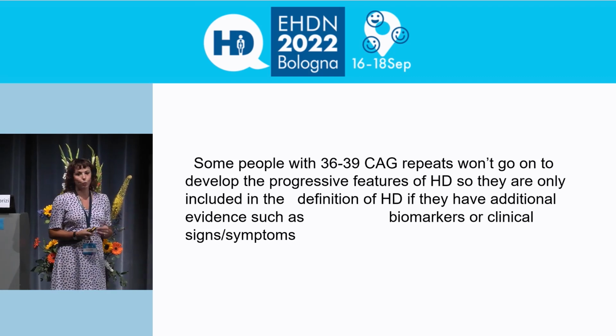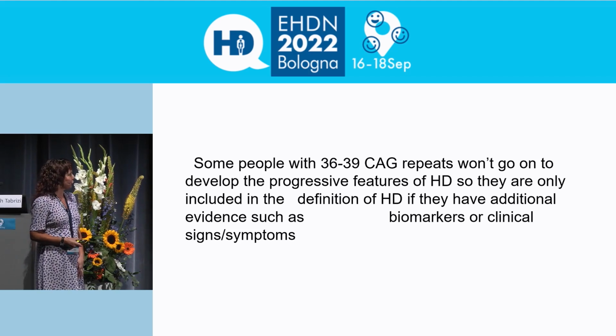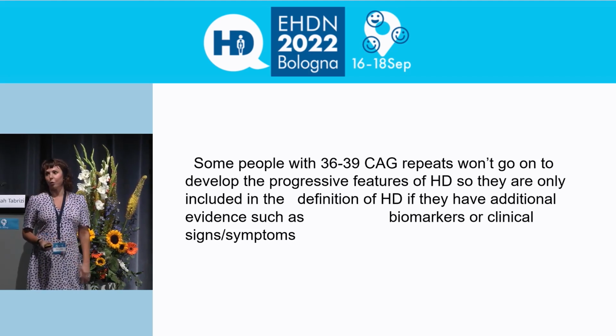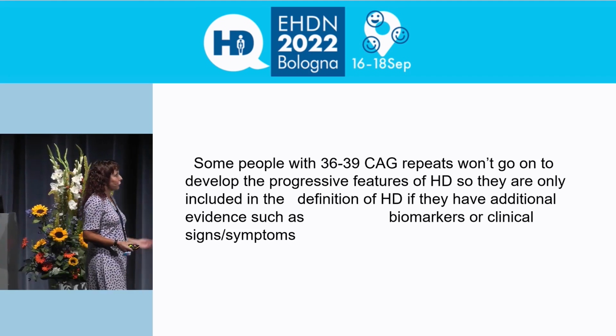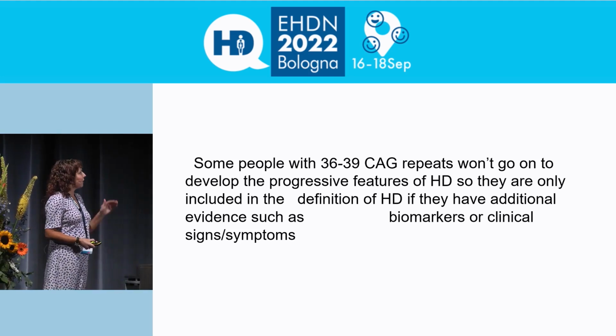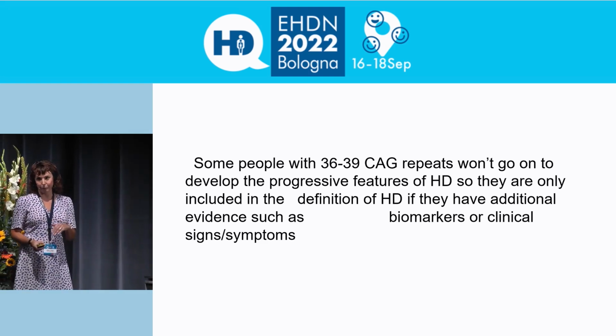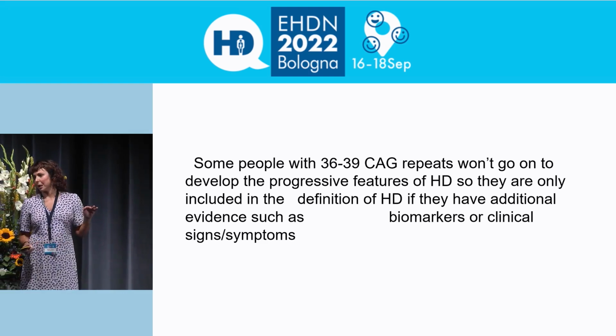Galen presented some work really highlighting this is the reduced penetrance range, and some people won't go on to develop the disease. So they're only included in the definition of Huntington's disease if they have additional evidence such as biomarkers of pathogenesis or clinical signs and symptoms.